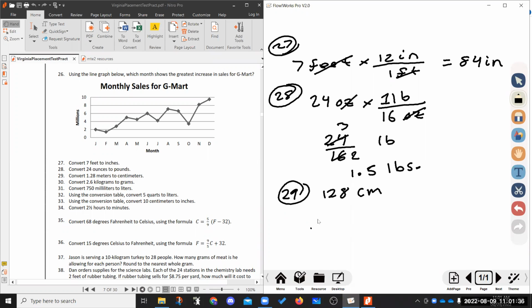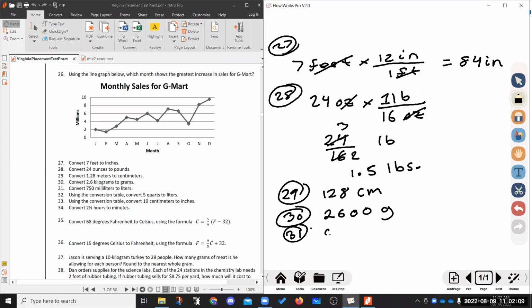When we go kilograms to grams, we're going to move it 3 decimal places to the right. So that's going to be 2,600 grams. Now, when we go the other way, from smaller units to bigger units, we're going to have to move to the left, and we're moving to the left 3 decimal places here because we're going from milli to base.